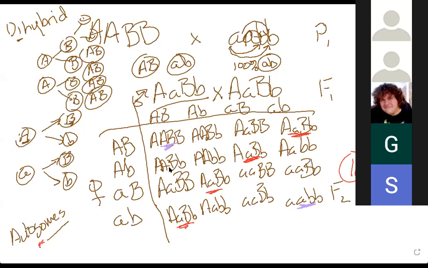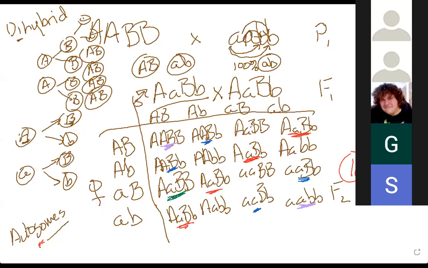How about homozygous capital A, heterozygous B, homozygous small a, heterozygous B. How about, I think I'm running out of colors, don't panic.